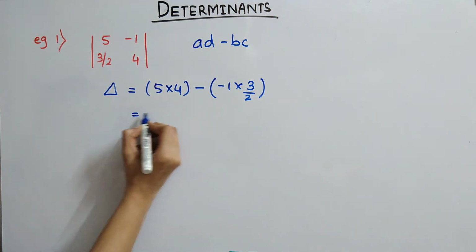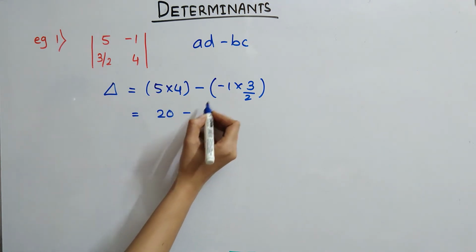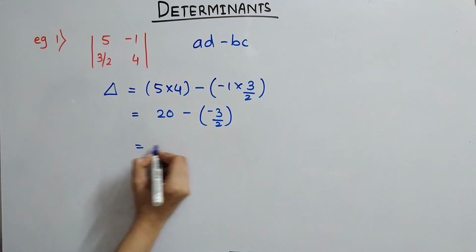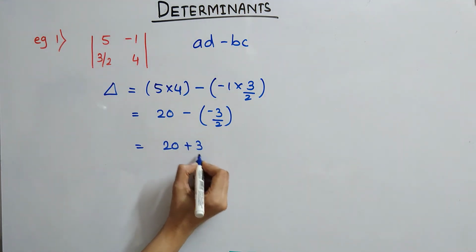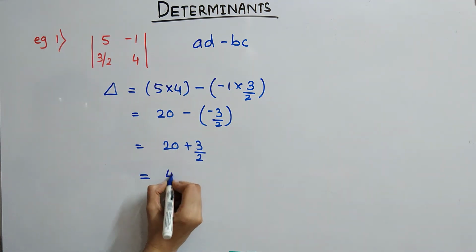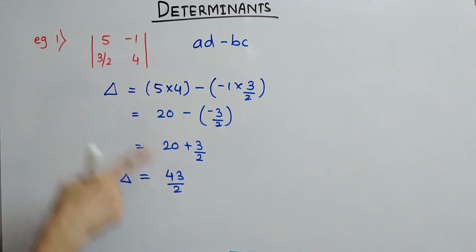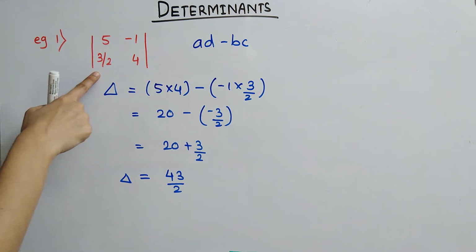So let's solve this. It is 20 minus 3 by 2, which is equal to 20 plus 3 by 2, which is equal to 43 by 2. So this is the value of this determinant of order 2.